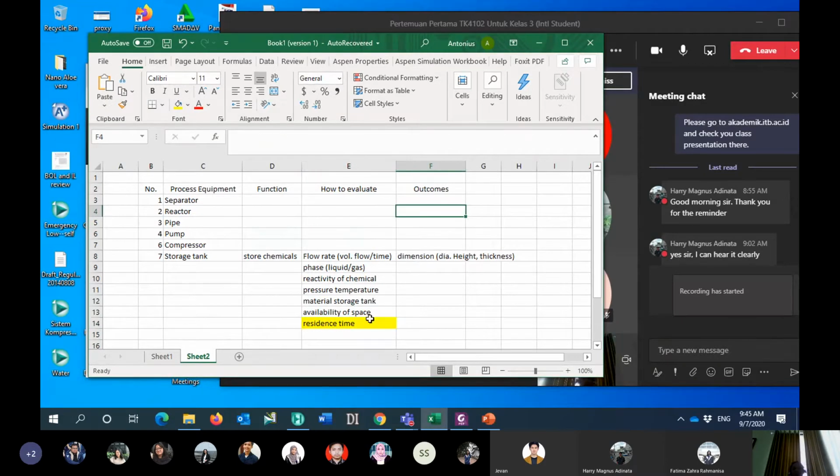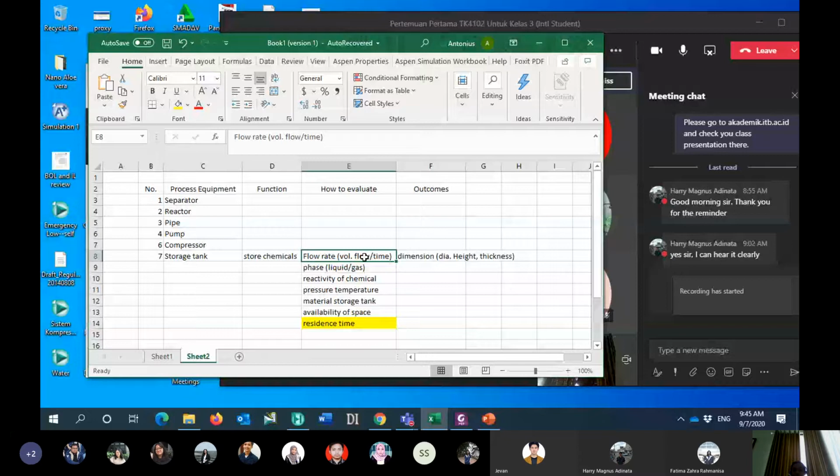So when you evaluate whether the storage tank is enough or not enough for your new process or change in terms of process, you already have the existing dimension, the existing diameter, the existing height, and the existing volume, and then you have the change in terms of flow rate.